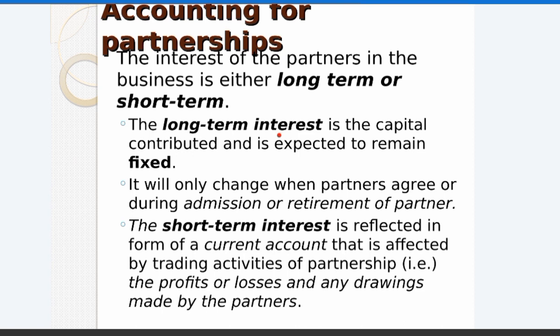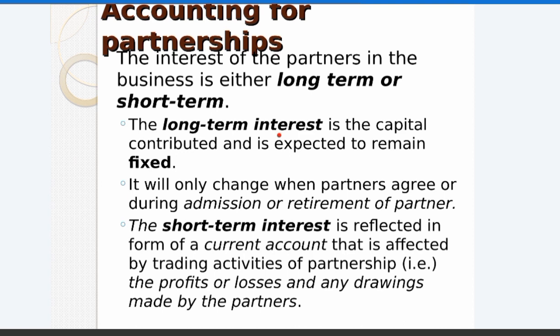Alternatively, it may also change if a partner retires. If one of the partners retires or resigns from the partnership, that may warrant a change in the fixed interest of the partners. So in other words, we are saying that the fixed interest of the partner, which is the capital contributed in the partnership, can only change in two instances.